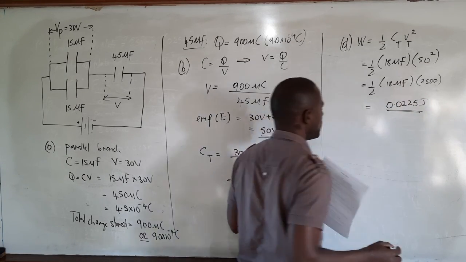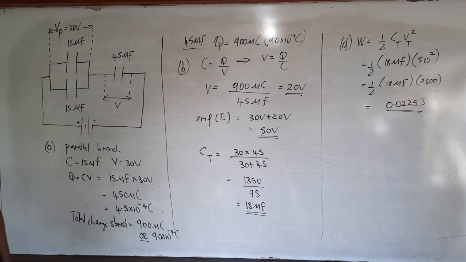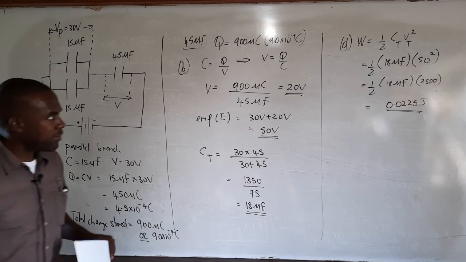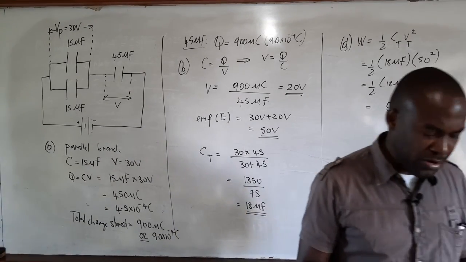All right, so the total amount of energy stored is 0.0225 joules. Right, so that was question 3 from our worksheet.